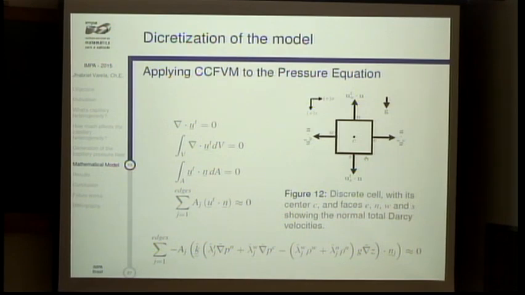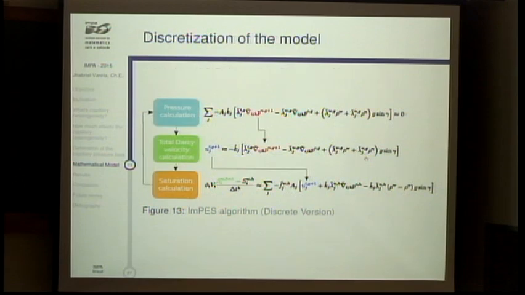We integrate over the volume of the grid cell, we apply the divergence theorem, and we sum the fluxes that enter and leave the cell. And this is the IMPES algorithm, the discrete version.